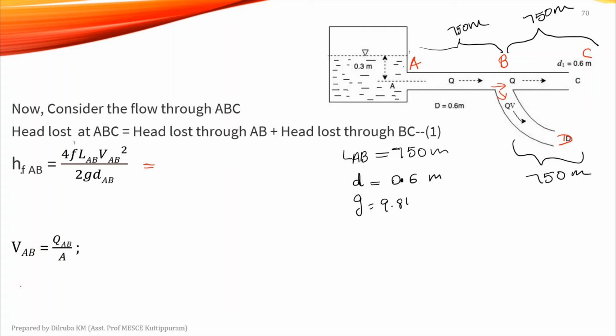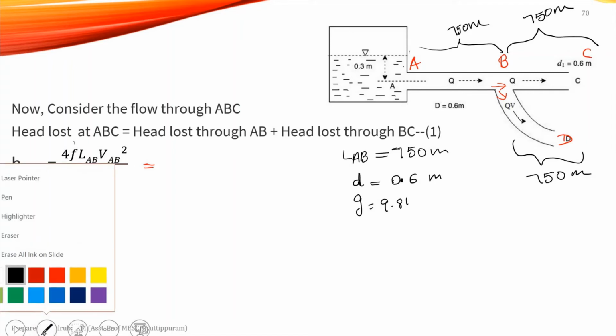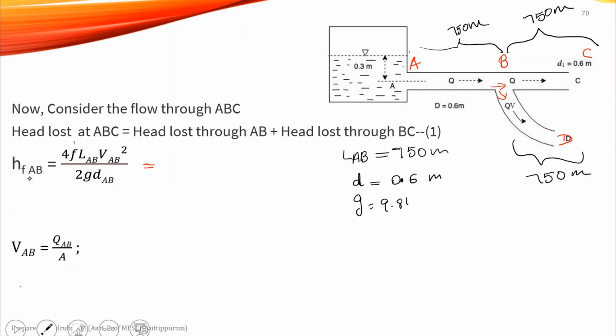In order to calculate the head loss at AB, we should know the velocity value, right? So let me write velocity AB in terms of discharge and area. Velocity AB can be written as discharge of AB divided by area of AB. What is this discharge AB?